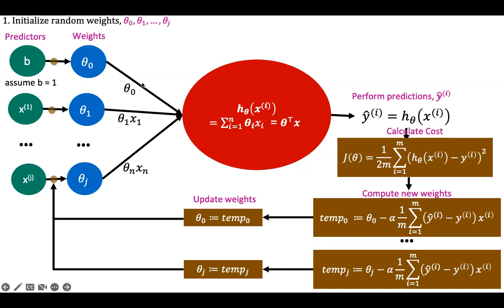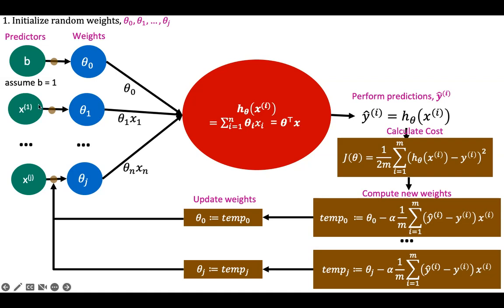It starts by preparing your data set. We prepare your data into training and testing, and we are going to use the training set to obtain the optimal parameters theta.